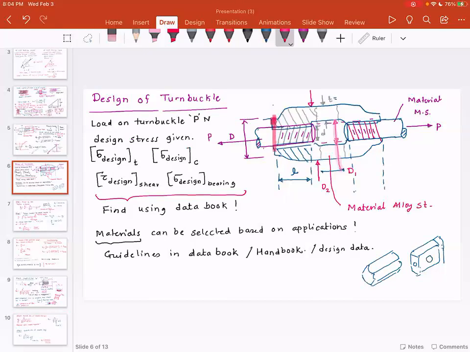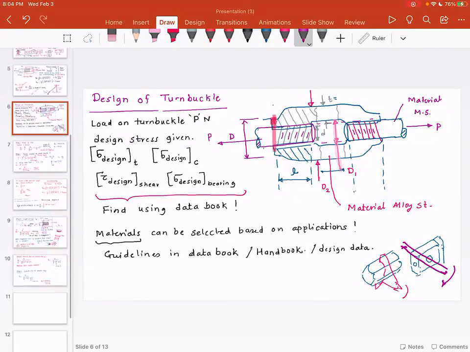So what you do is to rotate this, you actually use a wrench and then rotate. If you have a coupler like this, you place a rod inside, and then you use that rod to rotate. So depending upon the external designs, small variations are possible. Okay, any questions here? Any questions on design of turnbuckles?